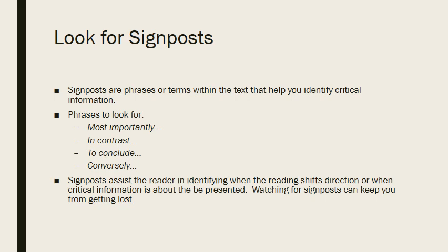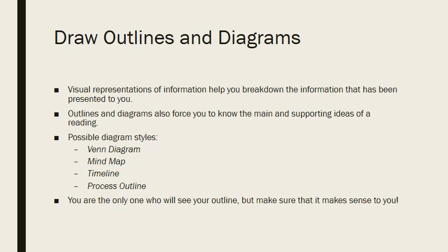So another technique that you can use while you're actively reading is to draw outlines and diagrams. And so these are visual representations of the information that help you break down what's been presented to you. And so these outlines and diagrams also force you to know the main and supporting ideas of the reading, and so that's really key because it's forcing you to put down onto the paper these ideas that have only been presented in text, right?